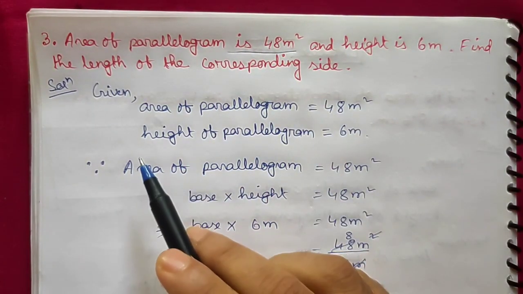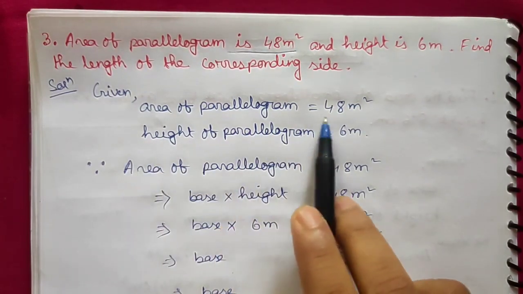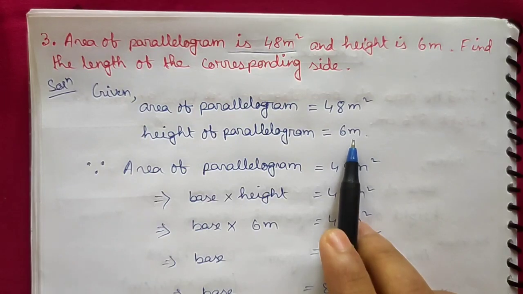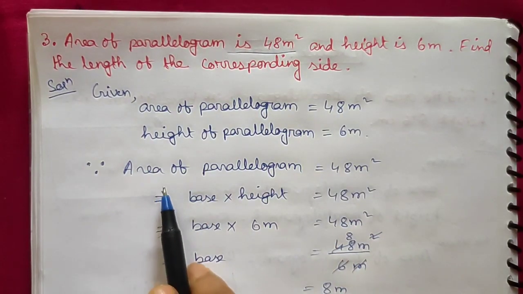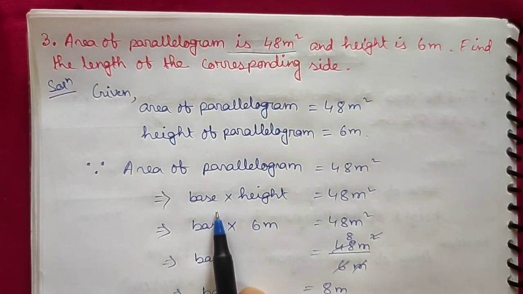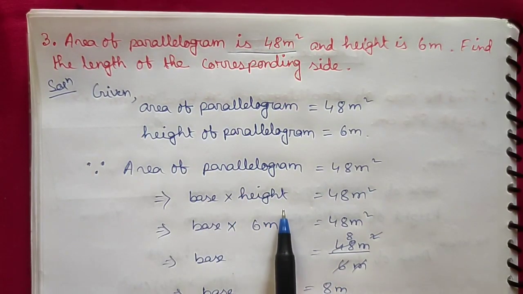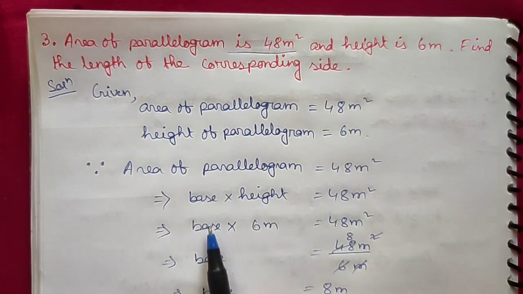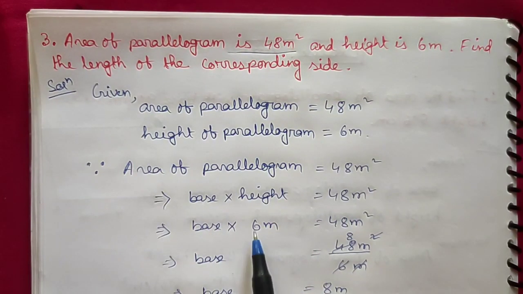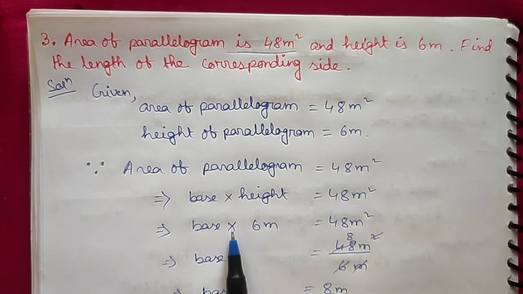Okay, given area of parallelogram 48 meter square, height of parallelogram 6 meter. Now since we know the formula of the area of parallelogram is base into height, so it will be equal to 48 meter square, and we have to find the base, right? And the height is 6 meter, equal to 48 meter square. Now as 6 is multiplied with base, if we change the side, it will be divide.